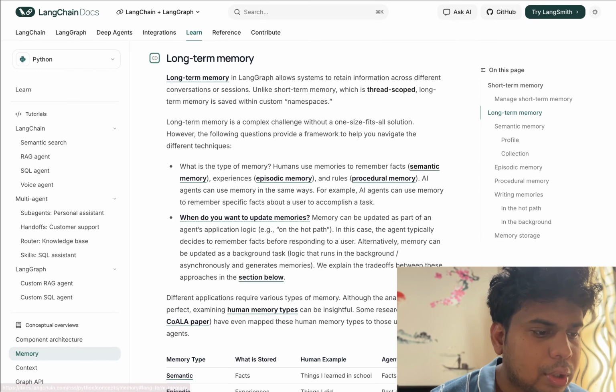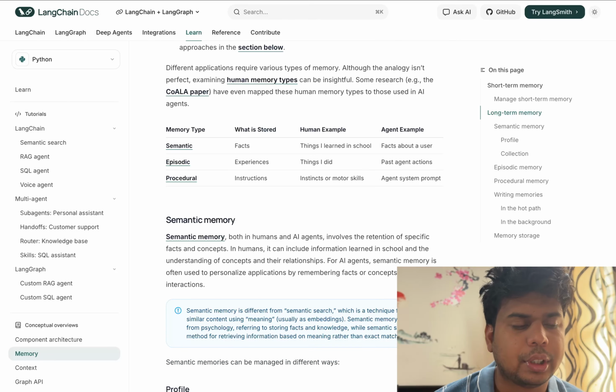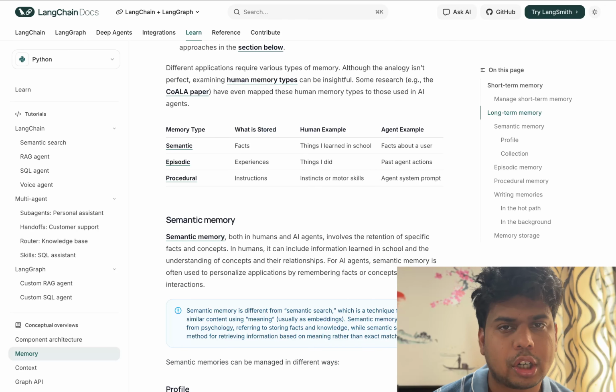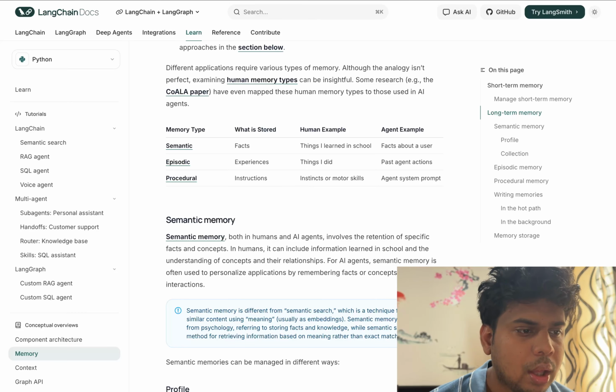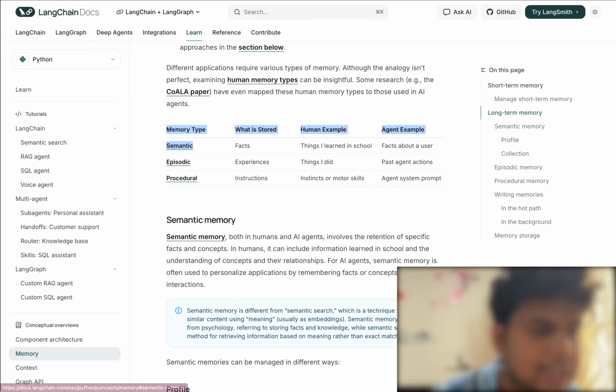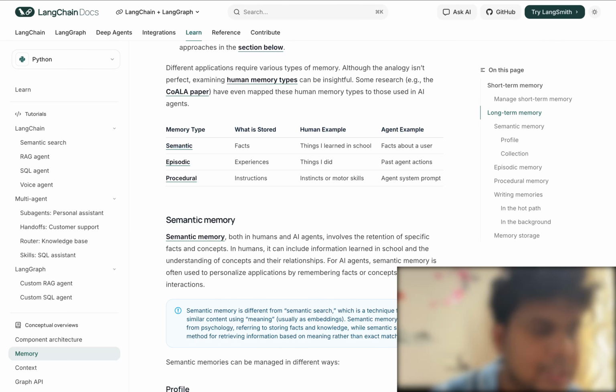When we talk about long-term memory, the three main types are semantic memory, episodic memory, and procedural memory. So what is semantic memory? As I mentioned, in semantic memory we will be storing facts.